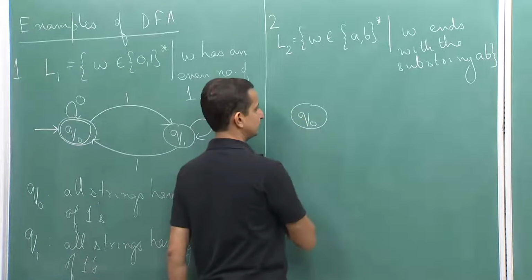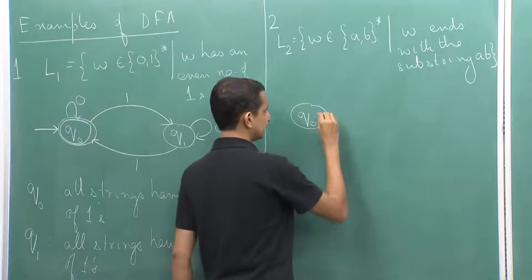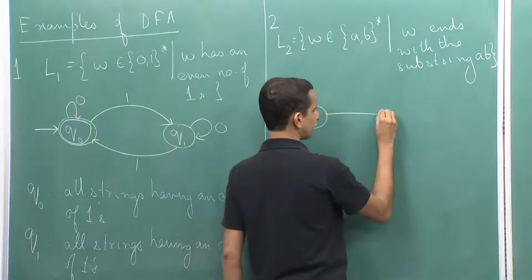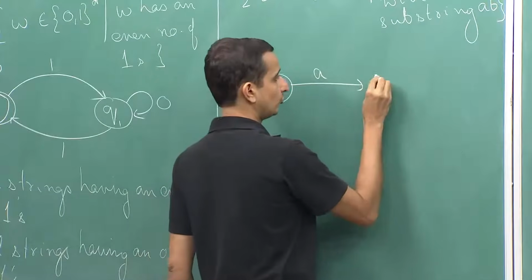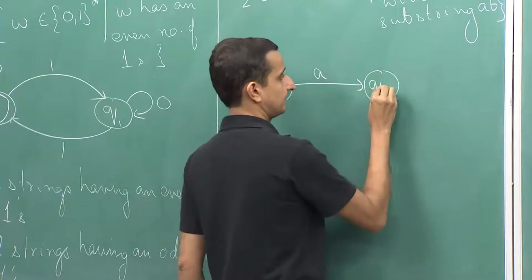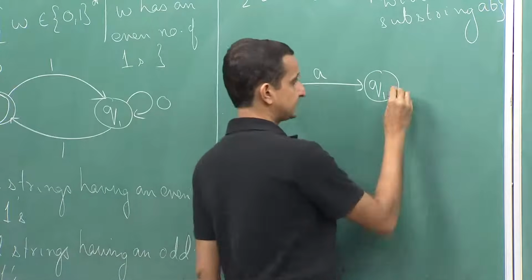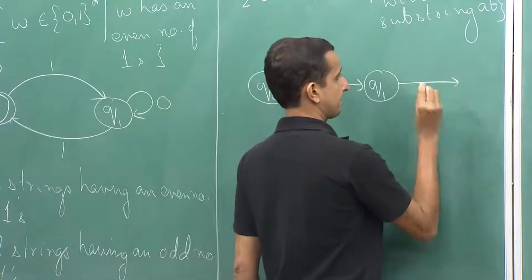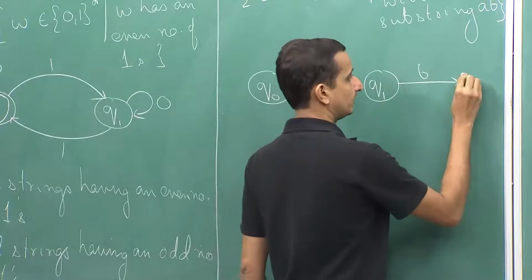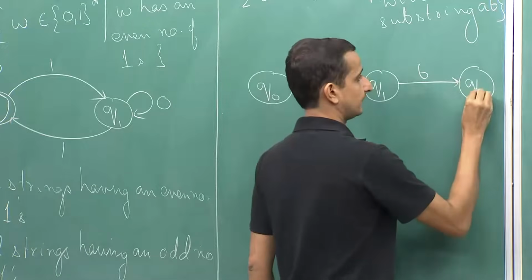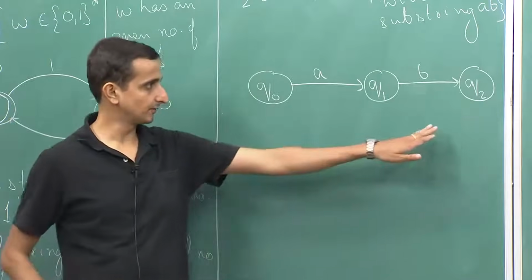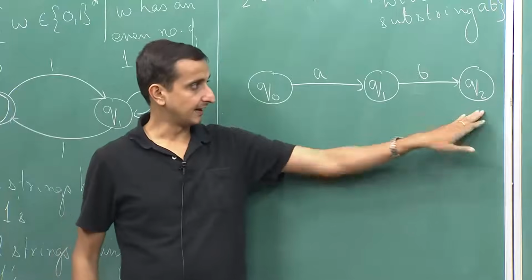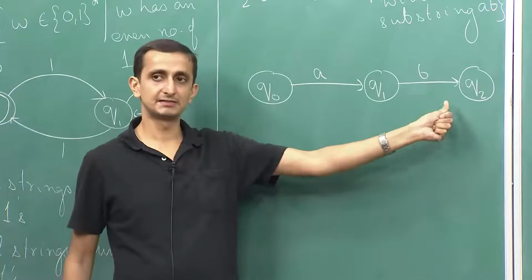Okay. So, I start at a state Q0. If I see a single A, I go to a state Q1. If I see a B after that, I go to the state Q2. So, this kind of represents the fact that I have seen a substring AB.